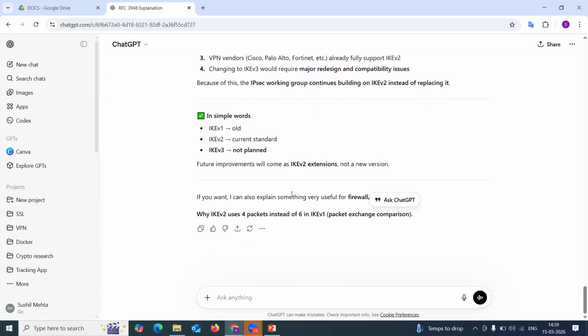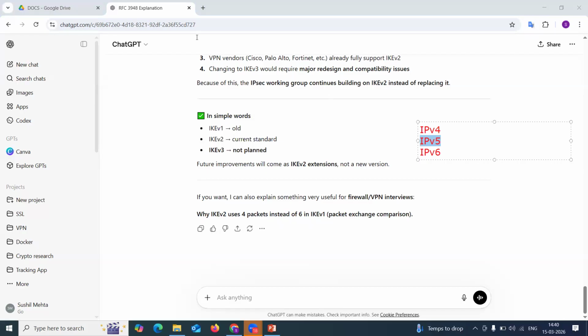See, unofficially, things are there. I had seen it somewhere, but ChatGPT is denying it. But Google it, guys. You will get some information about IKEv3 being planned in the future. Like there was IPv4, and in between there was IPv5 as well, which never got implemented, and later we planned for IPv6.